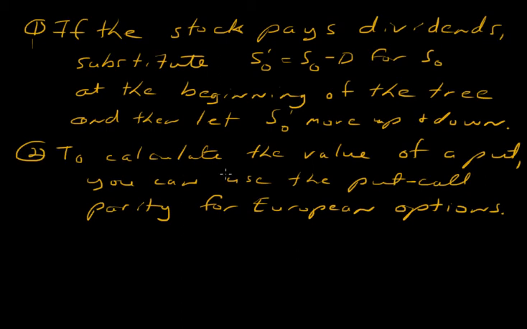So you would calculate the call at every stage of the binomial model, and then use this put call parity to back into the put value.